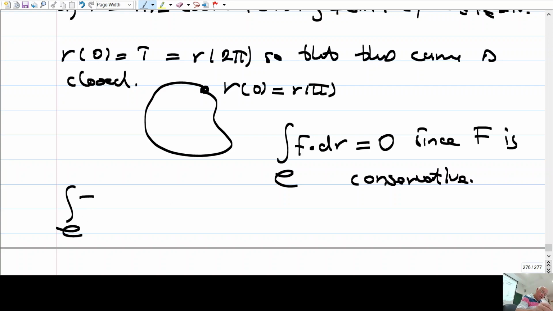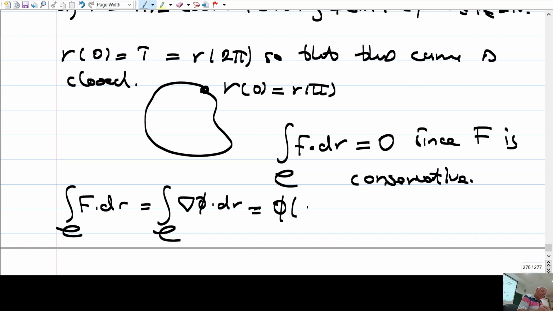F dot dr dediğimiz şey gradient of phi dot dr. Bu da sonuçta phi'nin r(2 pi)'daki değeri minus r(0)'daki değeri, but these 2 points are the same.